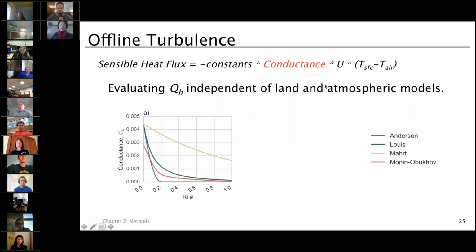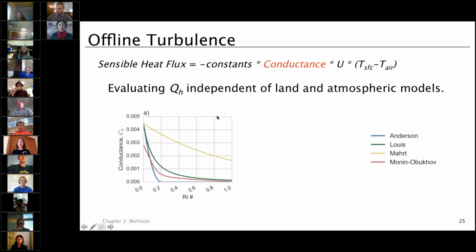If you remember, I showed you when you turn on SUMMA, you have 3 choices. You can use the Anderson scheme, the Louis scheme, the Mahrt scheme. Not in SUMMA, but in a lot of other models, you can also select something called the Monin-Obukhov scheme, which is supposed to be the best, but I won't tell you the exciting results.